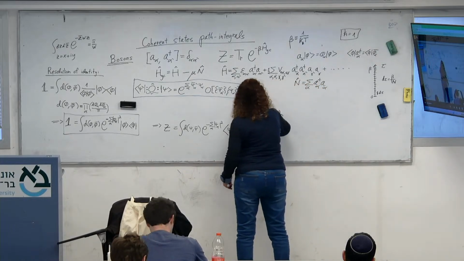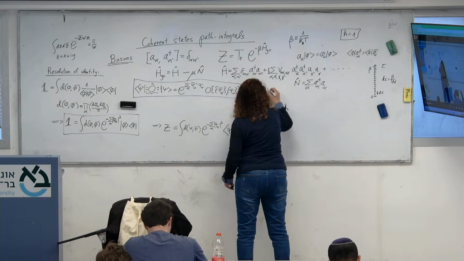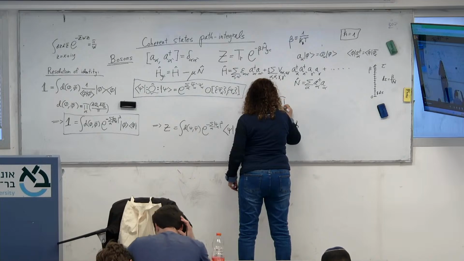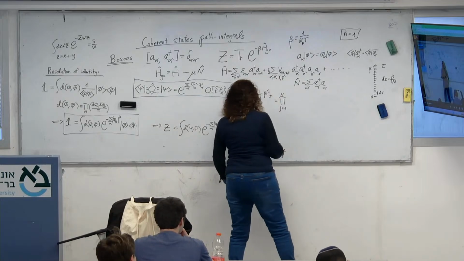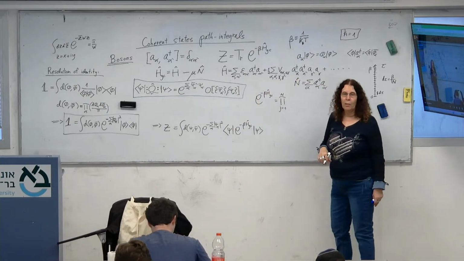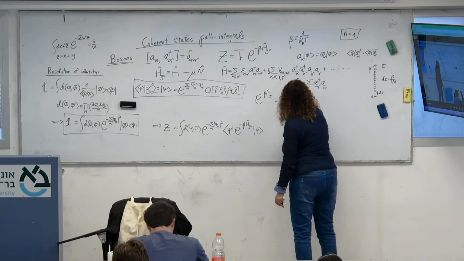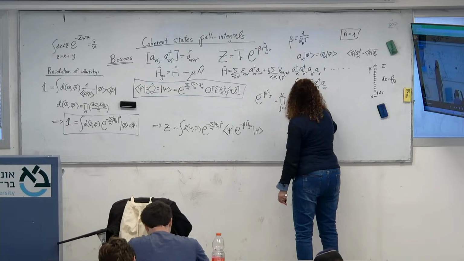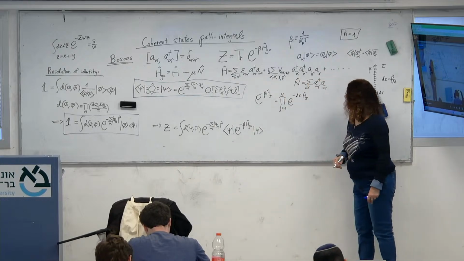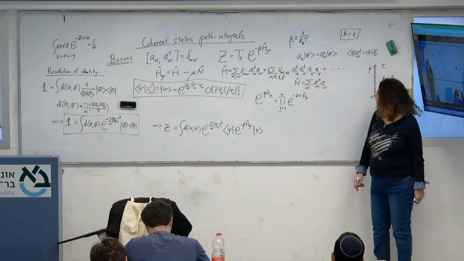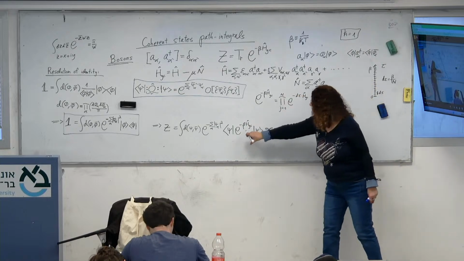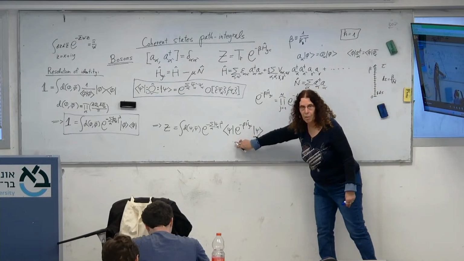We are now going to replace e to the minus beta h gc by a product over N time steps, where at each time step we have e to the minus d tau times h gc, and I put this product inside of the matrix element.